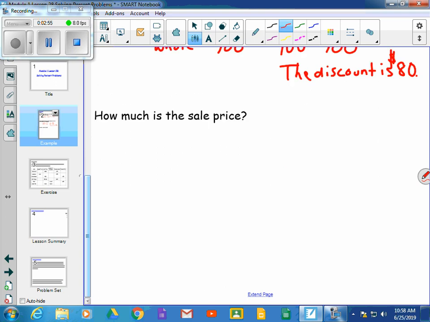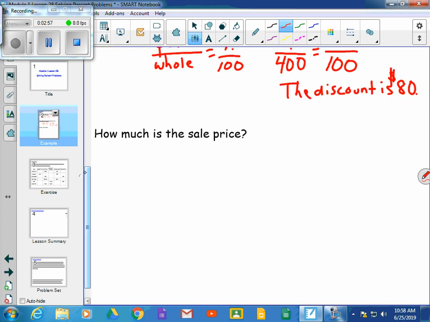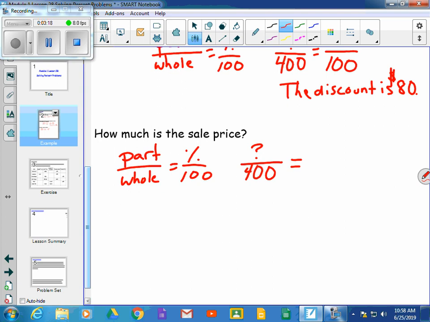Now there's a couple different ways to solve this. The first way I'm going to use our part over whole equals percent over 100. And I'm going to fill in the parts again. I'm finding this time the part that I pay. The original price was $400. Since I'm paying this part, I need the percent that I'm going to pay.